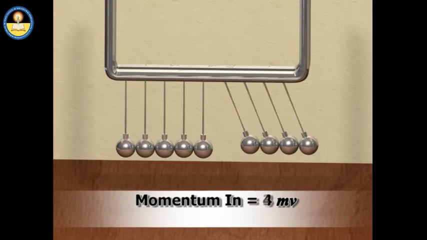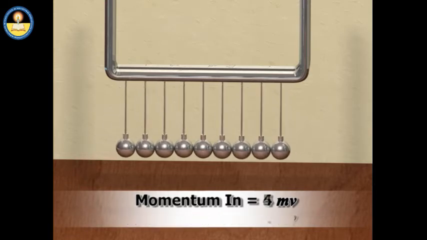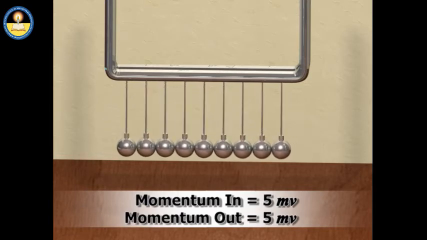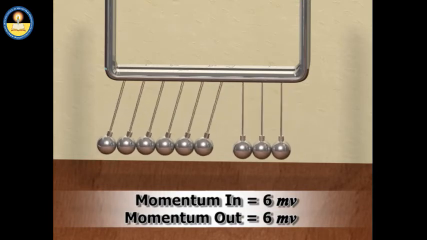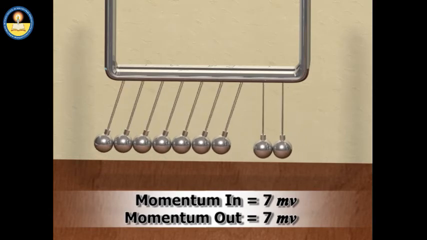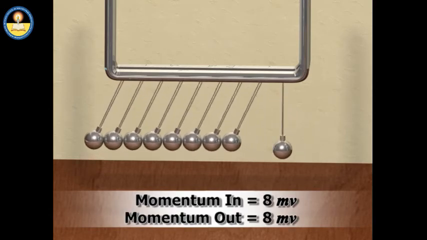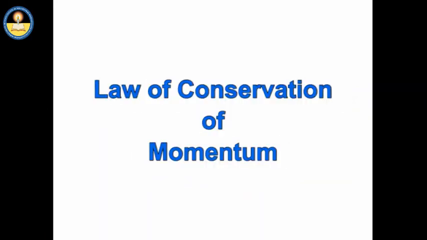It can be noticed that the same number of balls on the opposite side swing almost as high as the release height. Once again, the balls simply exchange velocities, and the total momentum before the collision is the same as after the collision. Let's see some examples related to the law of conservation of momentum.